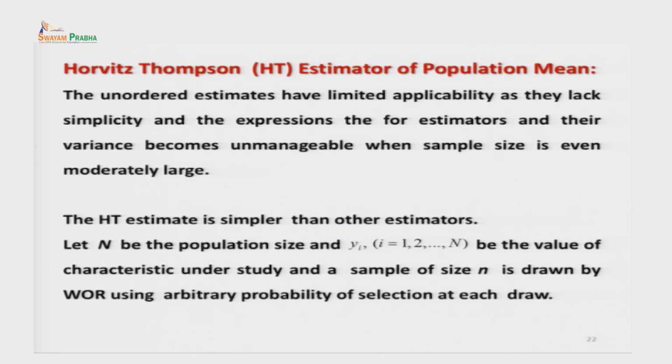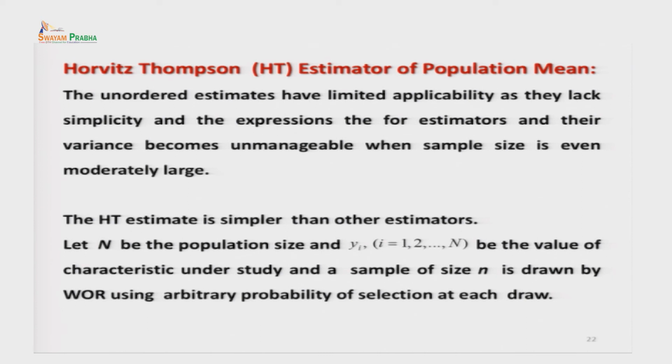So in order to solve this problem, people started thinking about how to handle it, particularly when you are trying to draw a sample of size capital N. Now you see, if I ask you to consider Murthy's estimator for a sample of size small n, theoretically there is no problem, but computationally you can see that is going to be a challenging job.